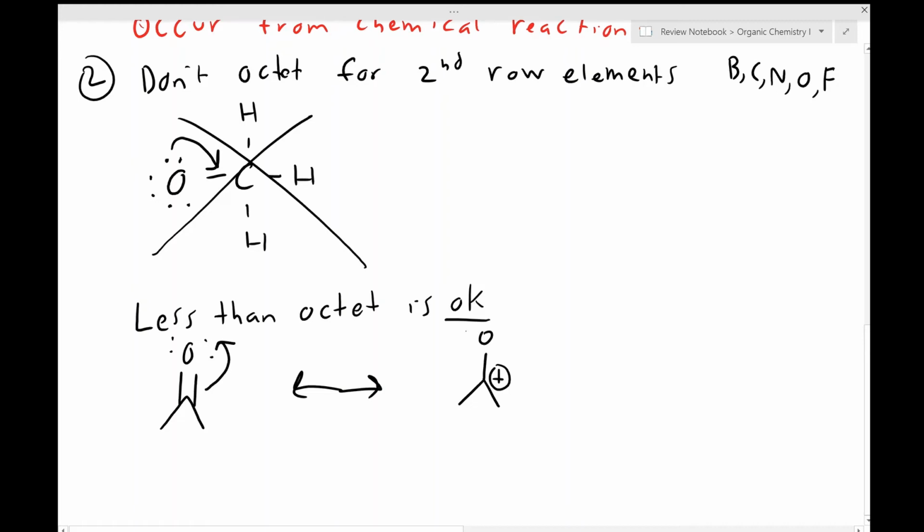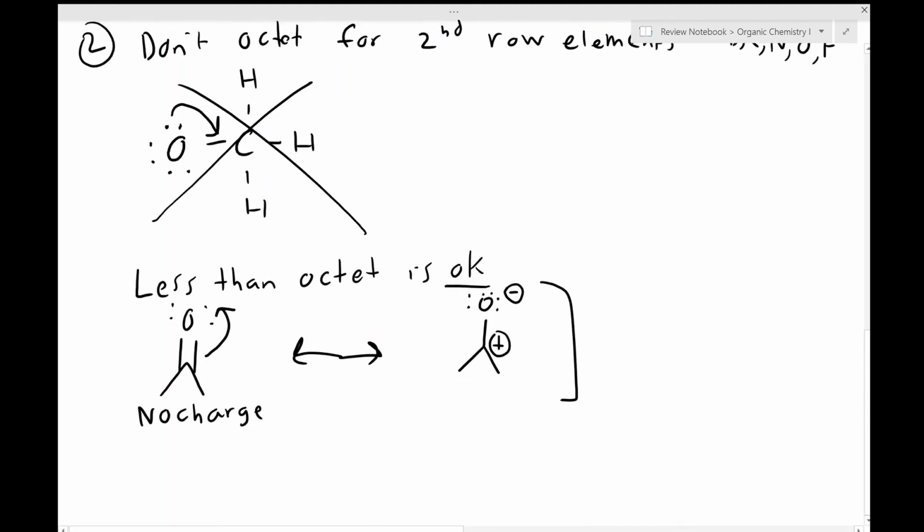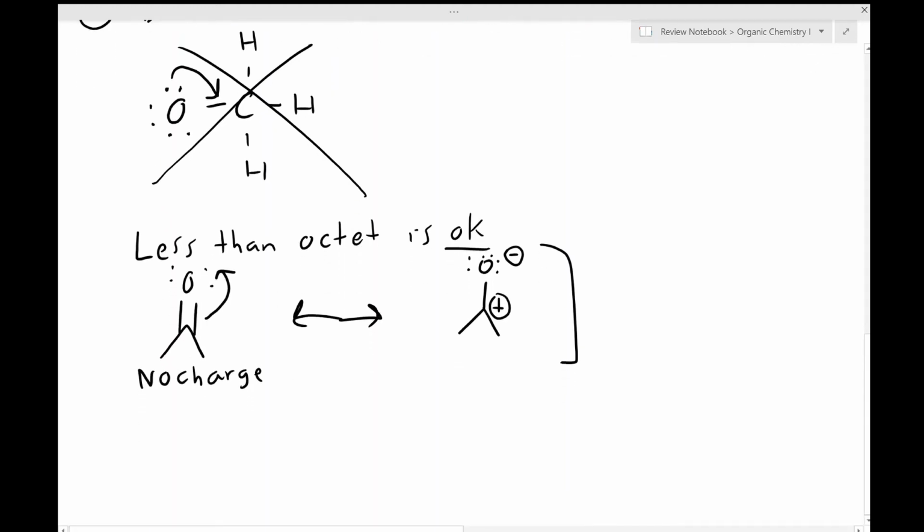We've got 6 electrons on that oxygen, and that would be negative now. And we see our charge is conserved. This on the left has no charge, and here the positive and the negative still give you no total net charge. If you ever have a resonance where you have plus or minus 2, probably don't draw it. That's incorrect.